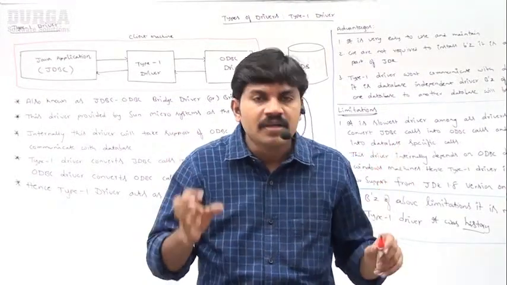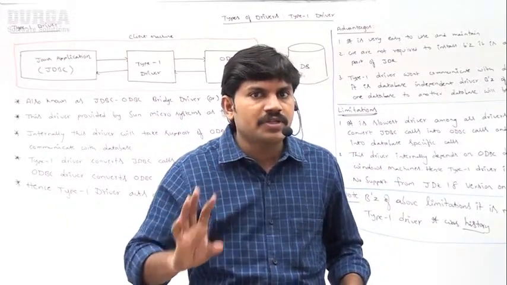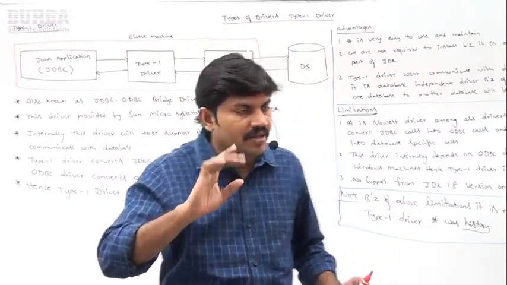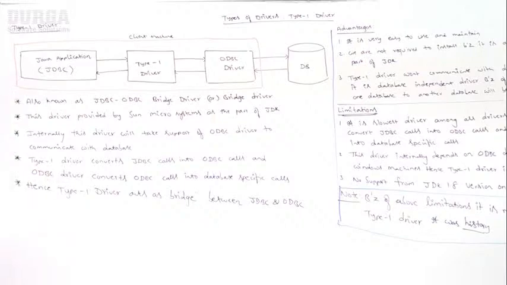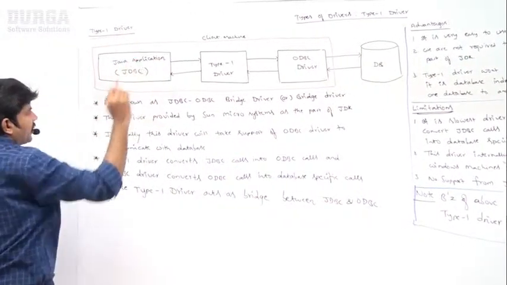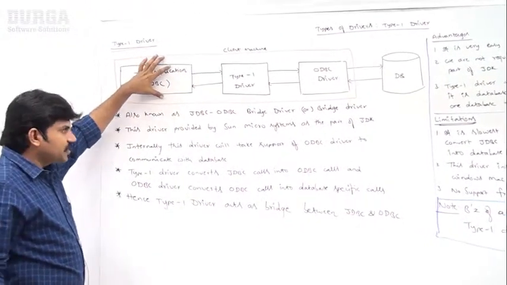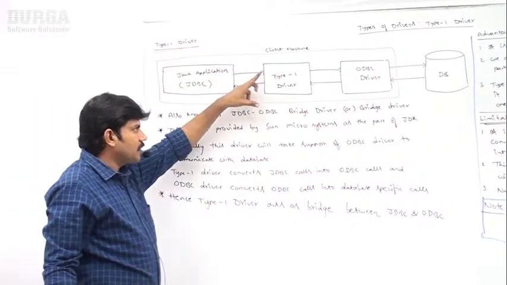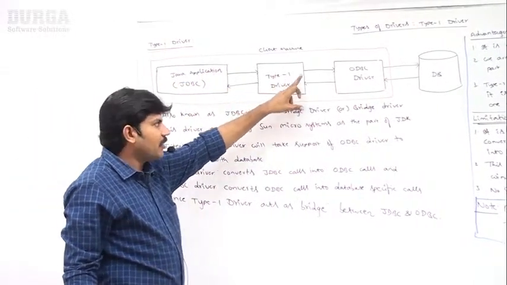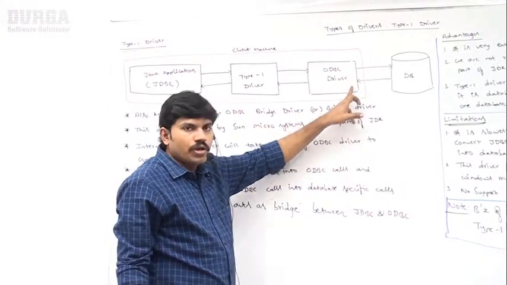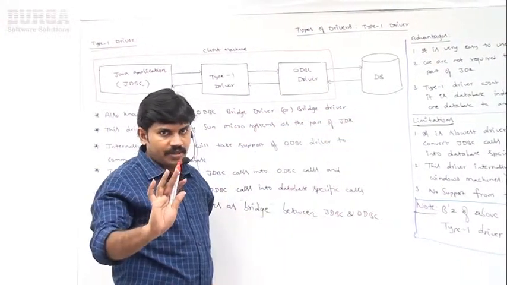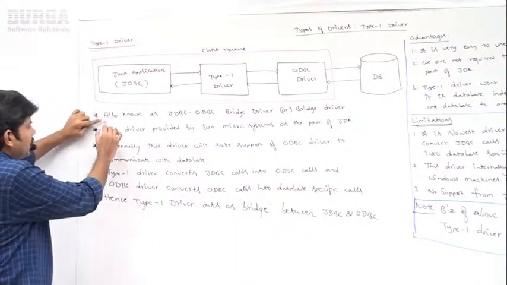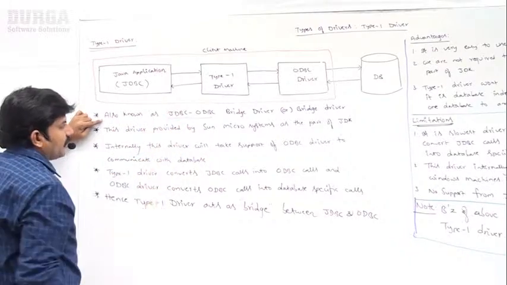Everything we discussed, let me review it so that you will get much clarity. Here, observe that this is the type 1 driver architecture. The JDBC application communicates with the type 1 driver. The type 1 driver communicates with the ODBC driver. The ODBC driver communicates with the database. Now, sir, this driver is also known as, what is the other word?